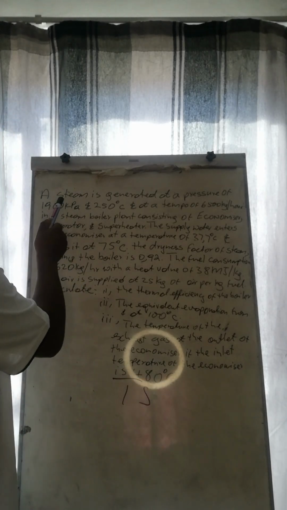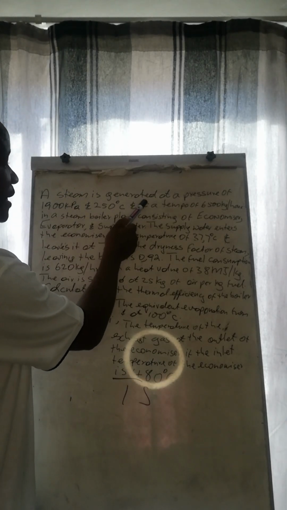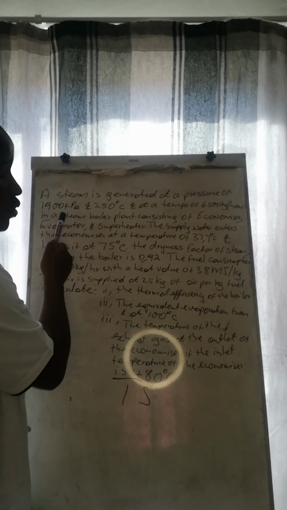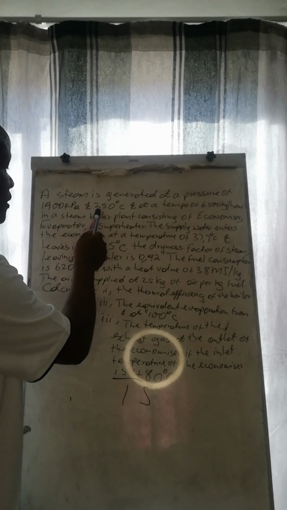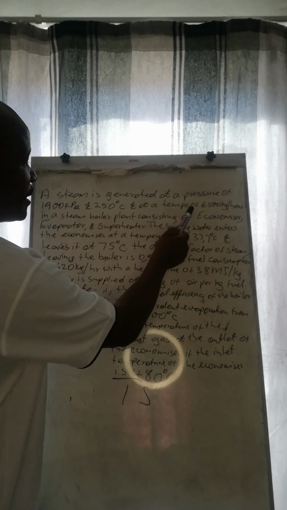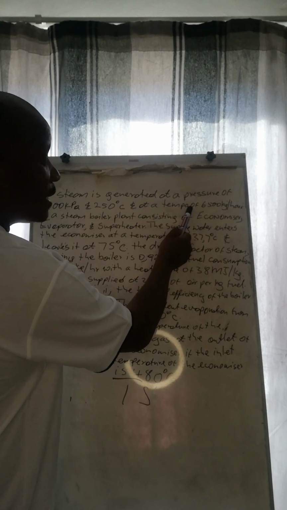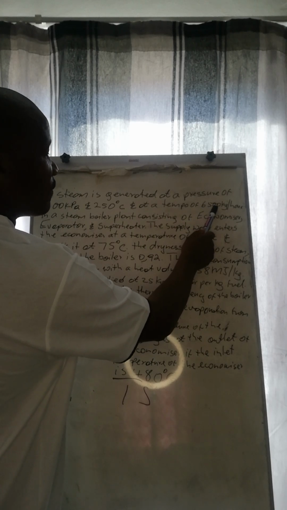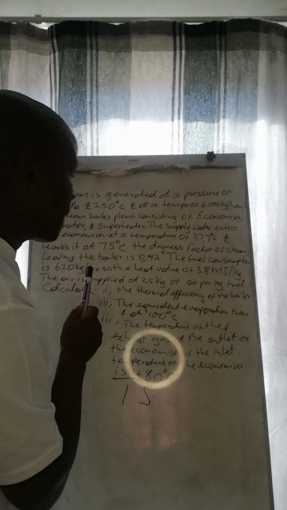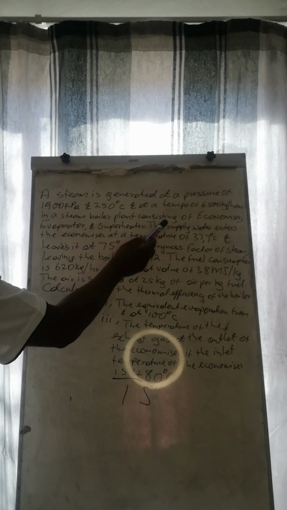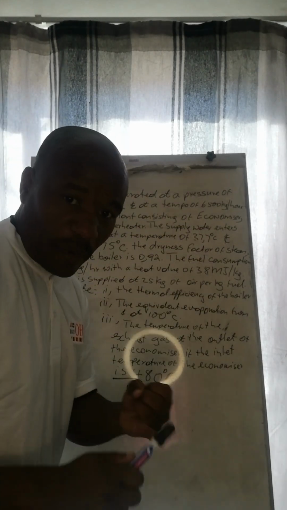Steam is generated at a pressure of 1900 kilopascals and 250 degrees Celsius, at a rate of 6,500 kilograms per hour, in a steam boiler plant consisting of an economizer, an evaporator, and a superheater.